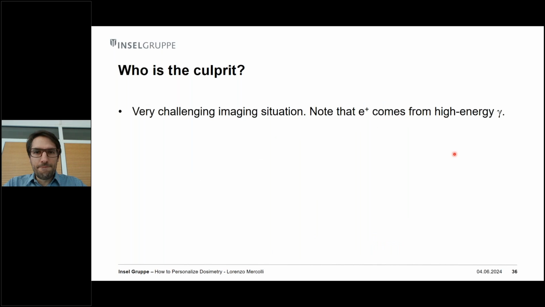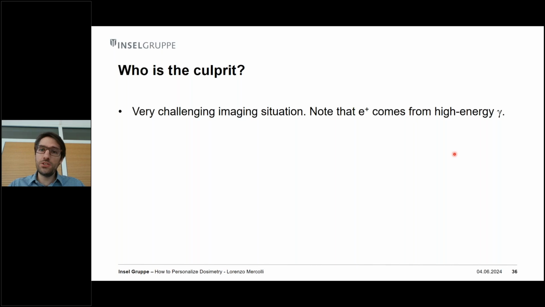Now, some comments here. You might know that just filling an NEMA image quality phantom with yttrium-90 is still a very challenging imaging situation, even for long axial field of view PET-CTs.